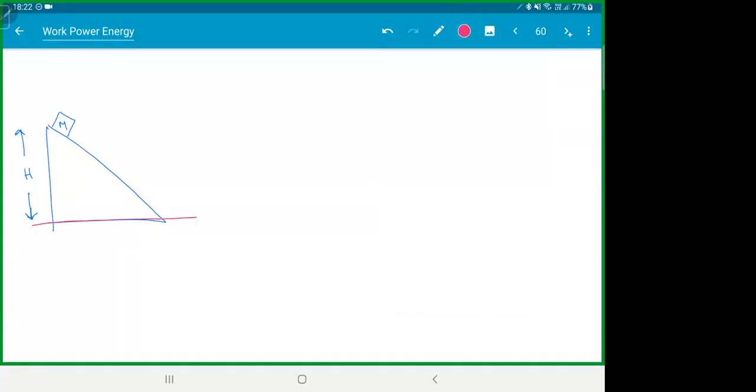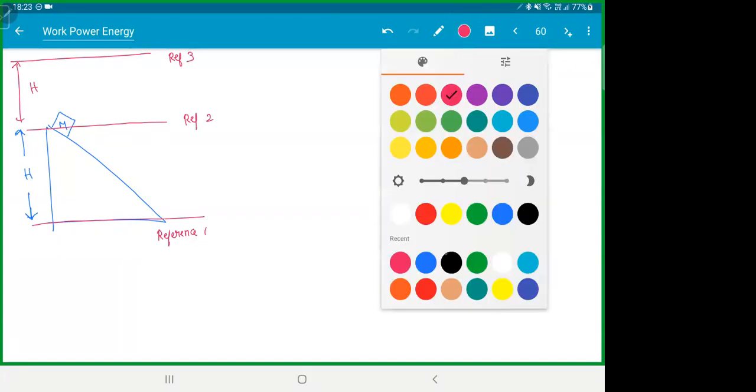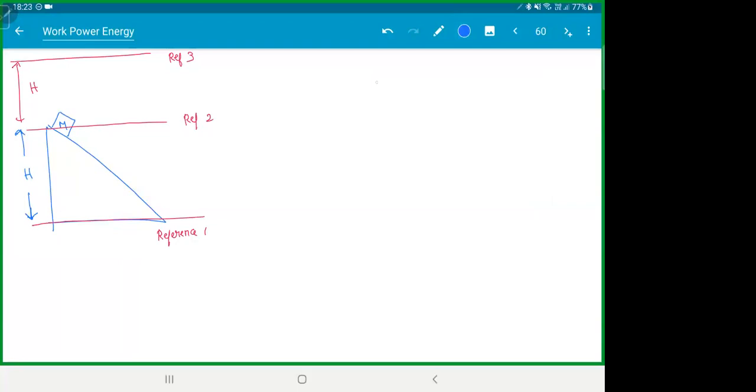If you say this is my reference 1, if this is my reference 2, if this is my reference 3, it all depends. The potential energy of the block for reference 1 will be mgh.